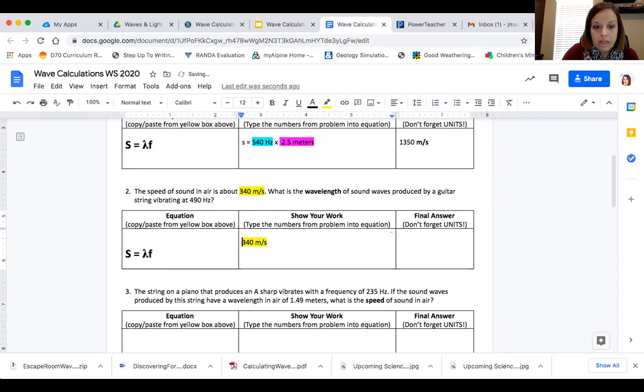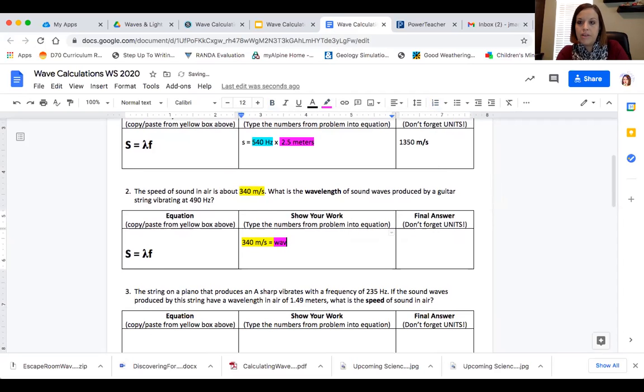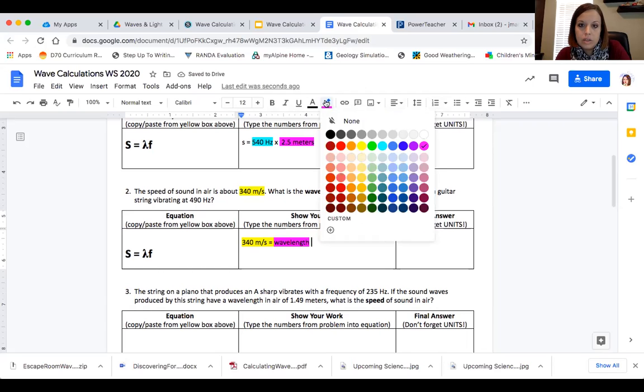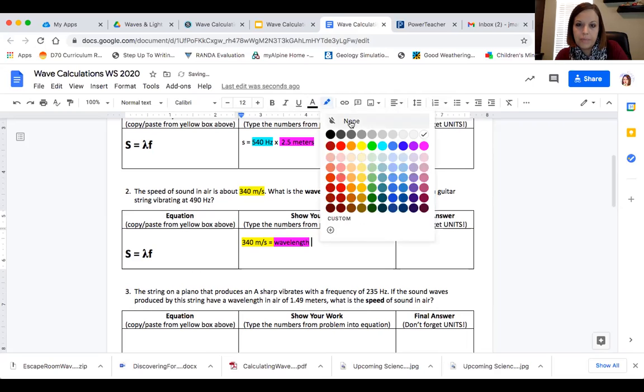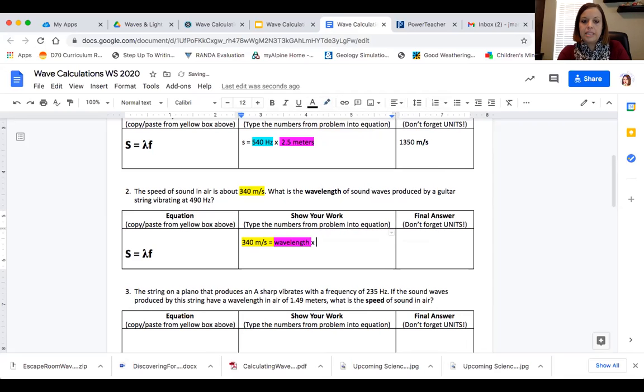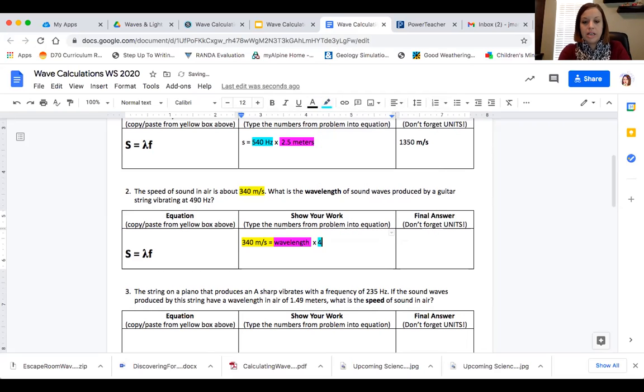Then I have to say that that's equal to, I'm missing the wavelength. So whatever my wavelength is, times the frequency, and it tells me that the frequency is 490 hertz, okay?